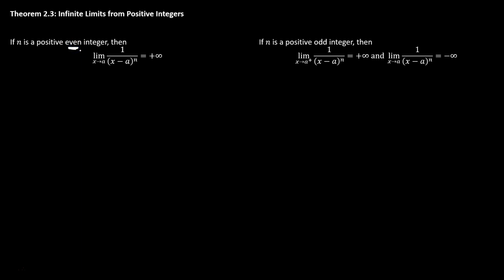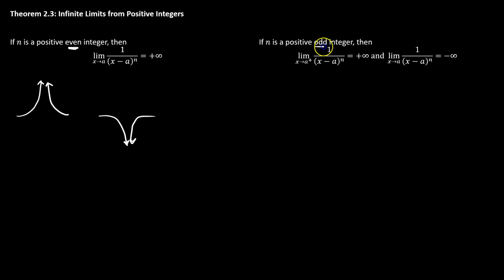If the exponent is even, both sides are going to point in the same direction. So either your function is coming up to +infinity from both sides, or if we had a negative function, then our values would both go down to -infinity. So we have two possibilities there within the even case.